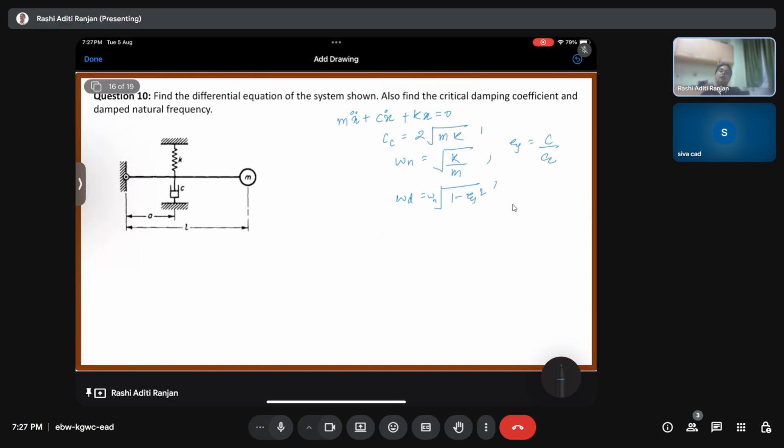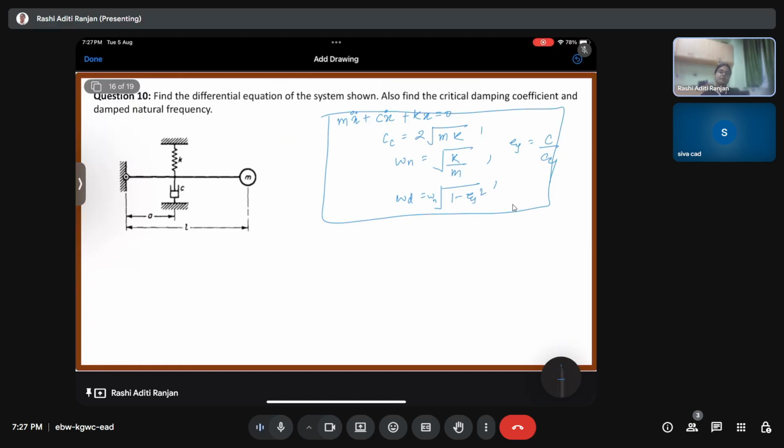Okay, we have to find the equation and then we have to relate it to this main equation. Then only are we going to get how to find out the critical damping coefficient and damped natural frequency.